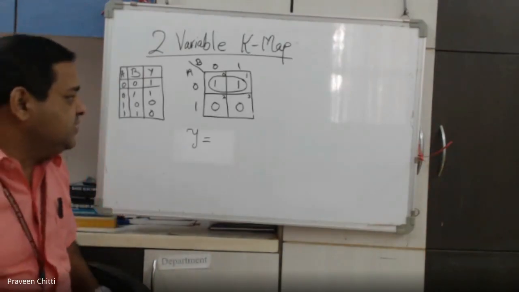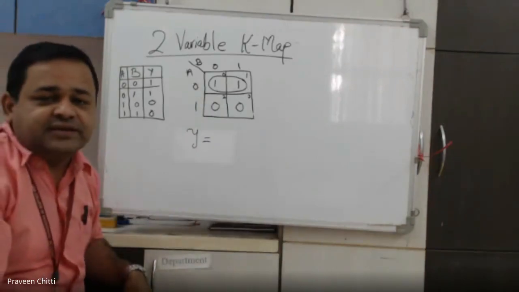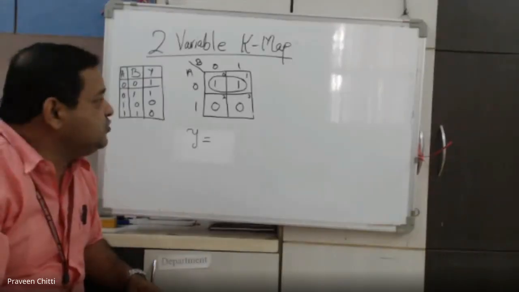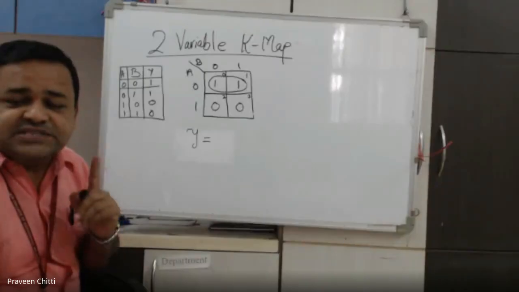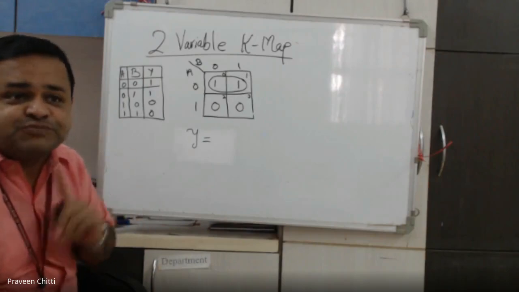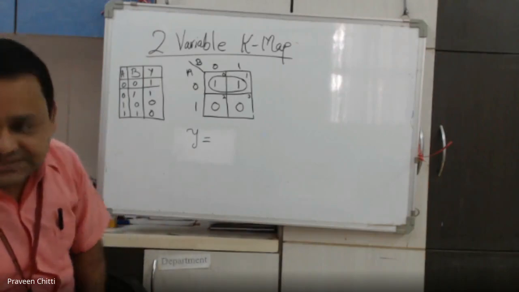Is that clear? Now how many product terms are we going to get here? Only one. The number of product terms is equal to the number of groups formed, not the number of ones.